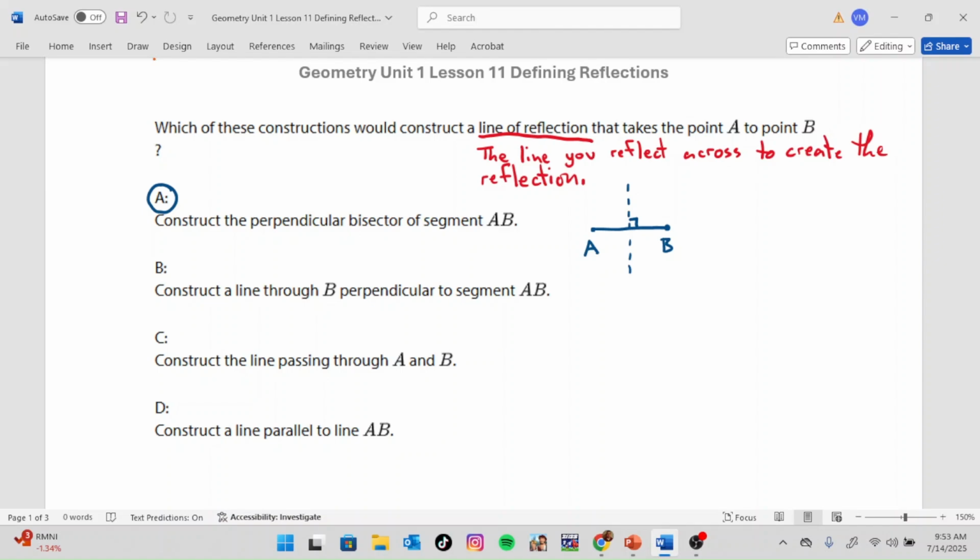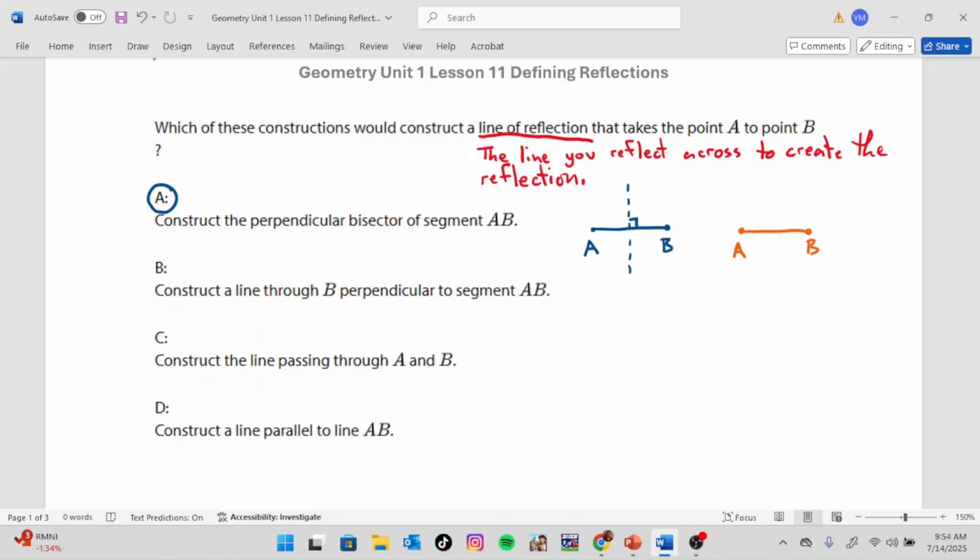On B, they want us to construct a line through B perpendicular to the segment AB. Well, same thing. I'm going to draw point A, point B, and the segment that connects them.